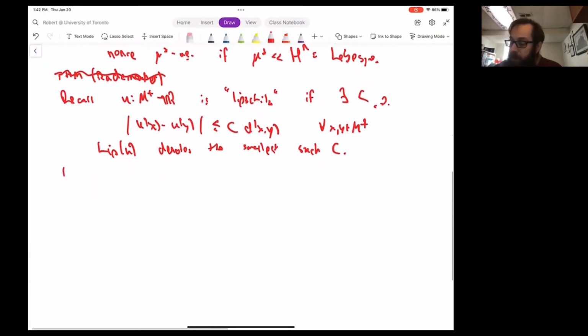And now there's the theorem of Rademacher. In R^n, but it extends to manifolds as well, since manifolds have coordinate charts and differentiability is a local notion, it says Lipschitz functions are differentiable almost everywhere.